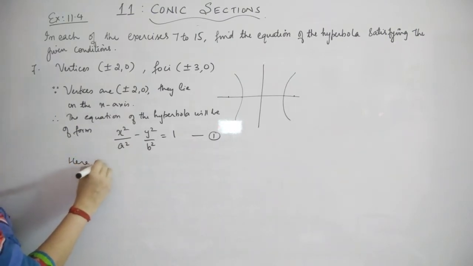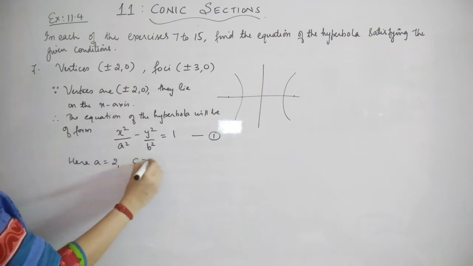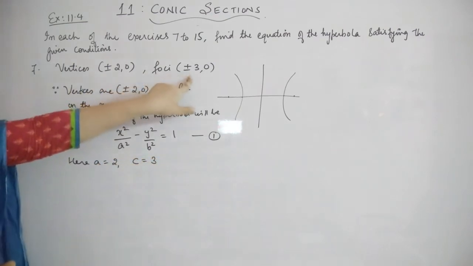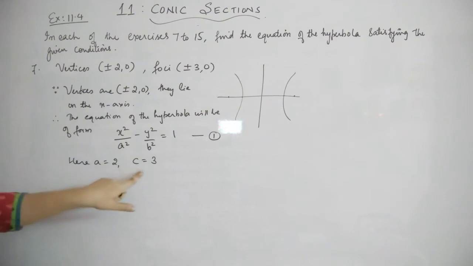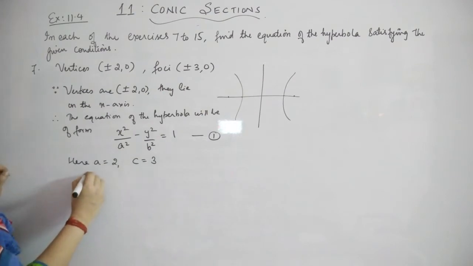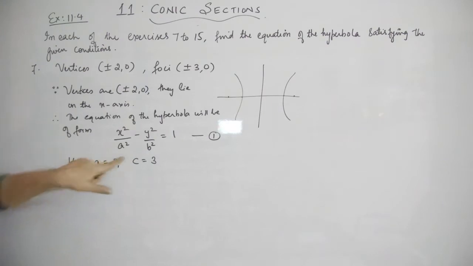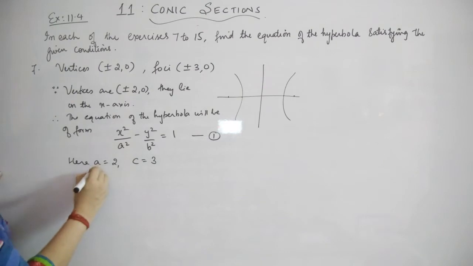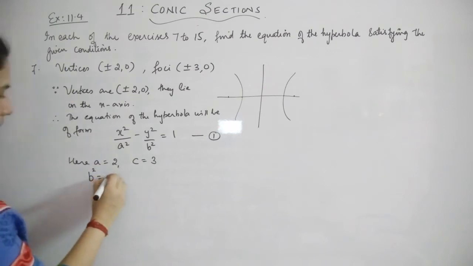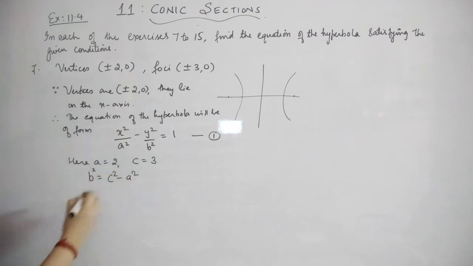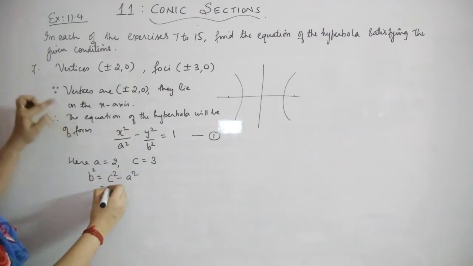Here a is equal to 2 and c is equal to 3. This is plus or minus c, 0. So we have to find out what b is, and what is the relation connecting the three. We need b square, which is equal to c square minus a square.